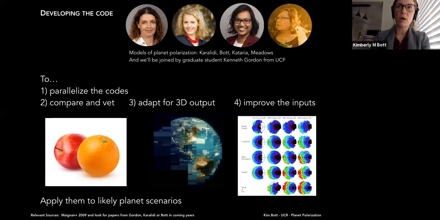So both models are capable of producing a 3D output. We just need to, V-star in particular, it needs to be adapted to take a spatially varying, what I'm calling 3D, a spatially varying input to include things like continents and horizontally heterogeneous cloud cover.